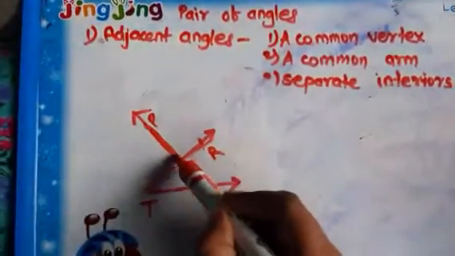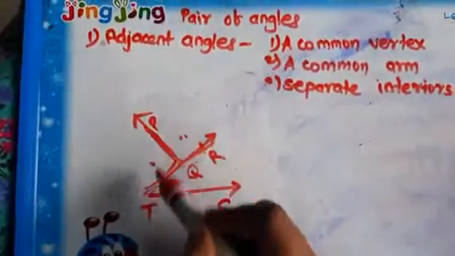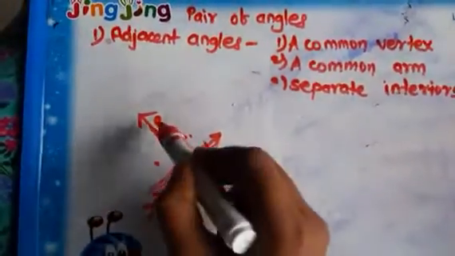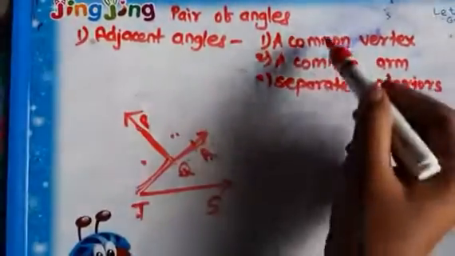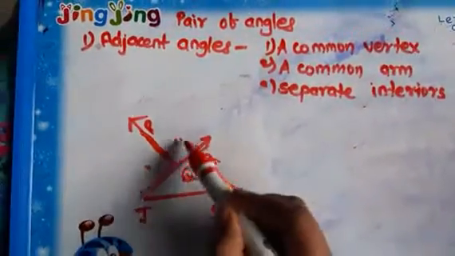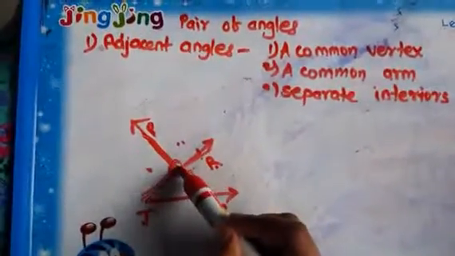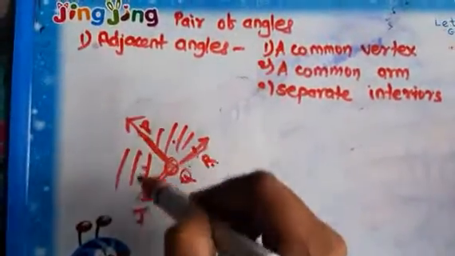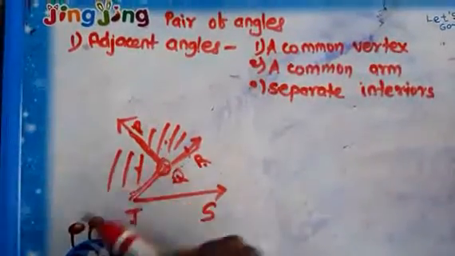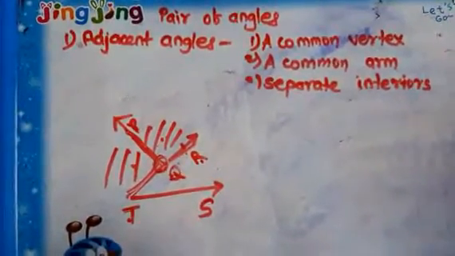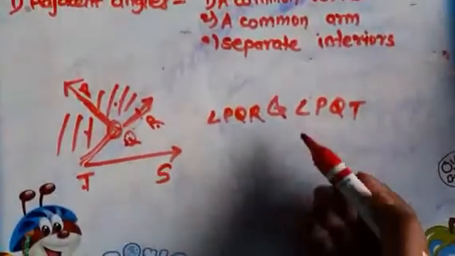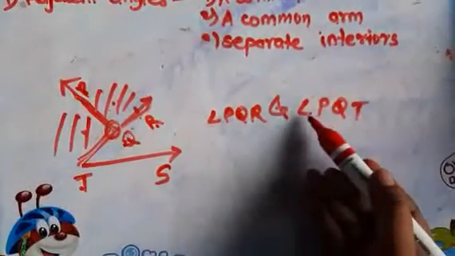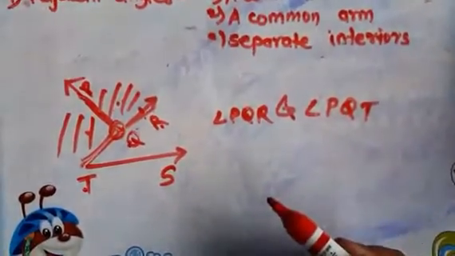Means we have to just go for these two angles, angle PQT and angle PQR. We will check all conditions for this. For these two angles, the common vertex is Q, the common arm is PQ and they are having separate interiors. Means this is the only pair of adjacent angles for this diagram. So angle PQR and angle PQT are adjacent angles.